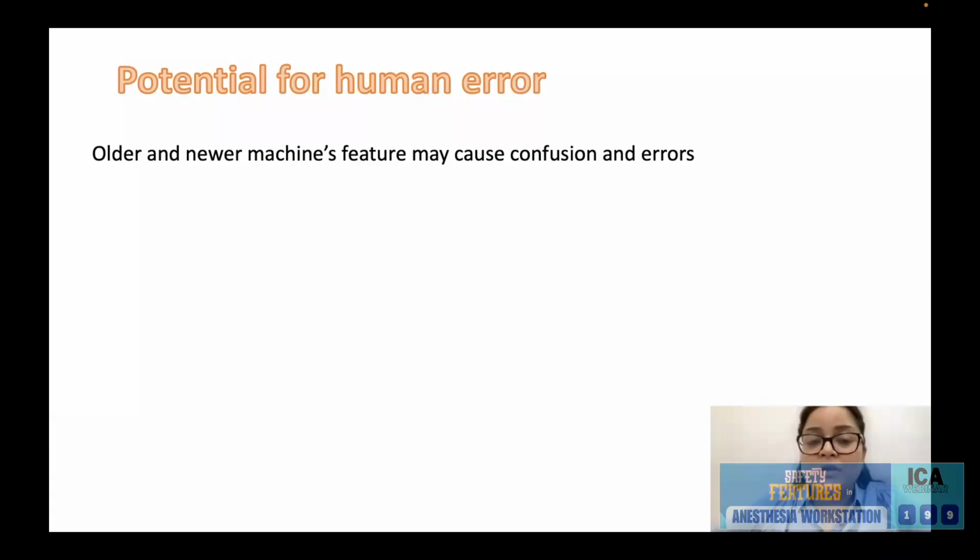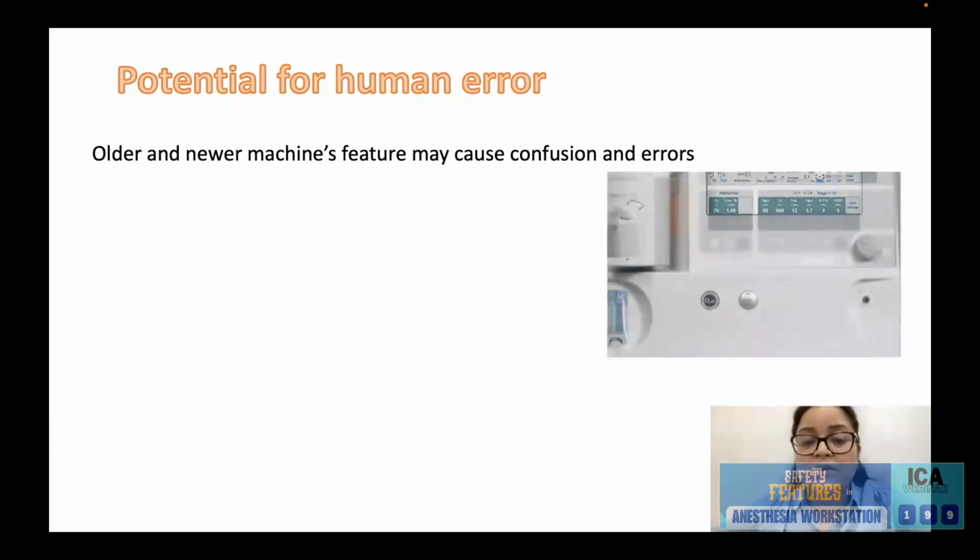The main on-off switch will open just the pneumatic part of the anesthesia machine, but not the integrated monitors and the alarm. So this can create confusion in the mind of anesthesia providers who are using newer anesthesia workstations where this is integrated. And so standardization of the machines throughout the institution should also be considered.